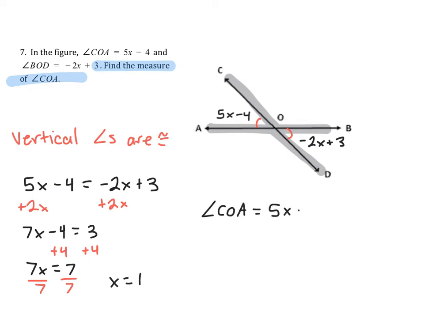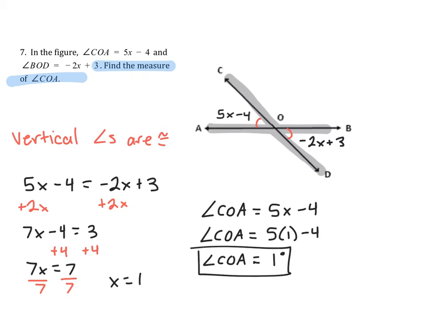So angle COA is 5x minus 4. So we need to substitute our x value. And we just happen to also end up with 1, except degrees, because it's an angle.